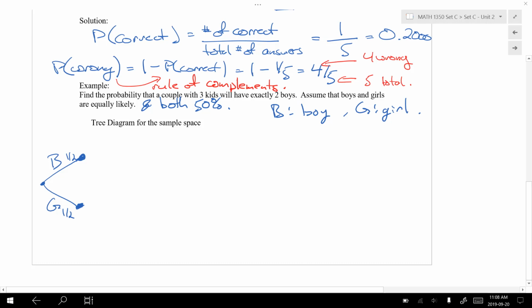Once you've had either a boy or a girl, you can imagine having another child, of which there are again 2 options. So boy with 1/2 probability, girl with 1/2 probability, boy with 1/2 probability, girl with 1/2 probability. So that's 2. We can do this one more time.